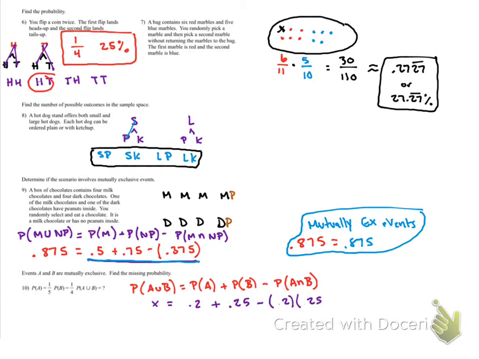So we have 0.2 plus 0.25 minus 0.2 times 0.25, and that gives us 0.4. So off to the side, we can write the probability of A or B is equal to 0.4.